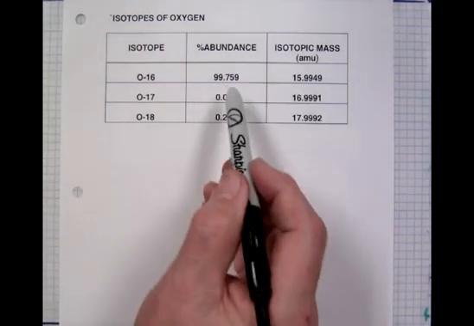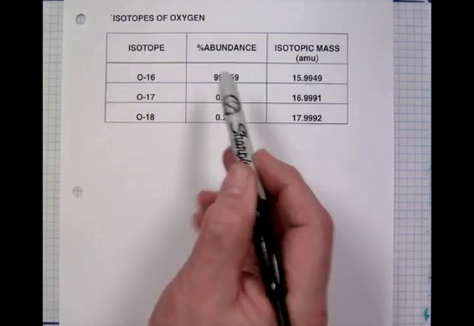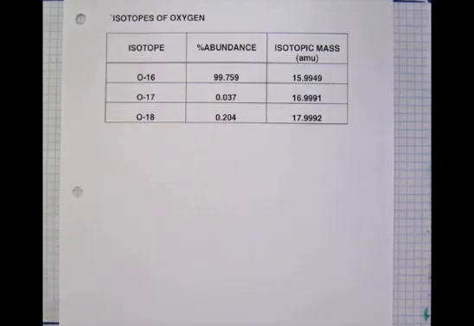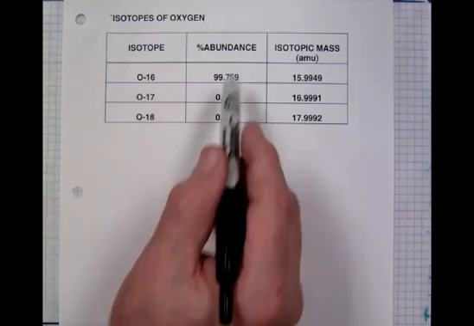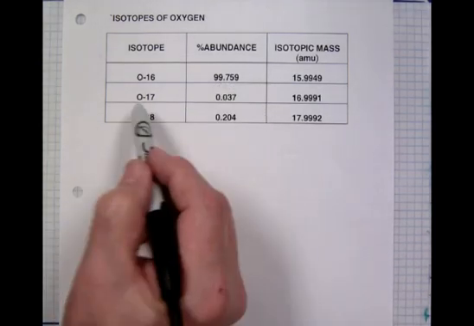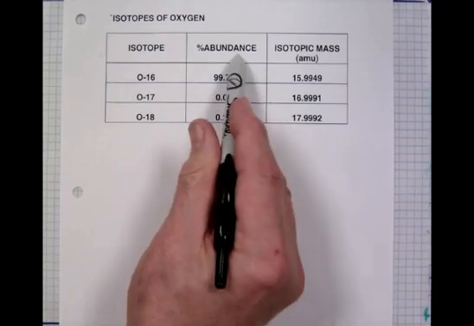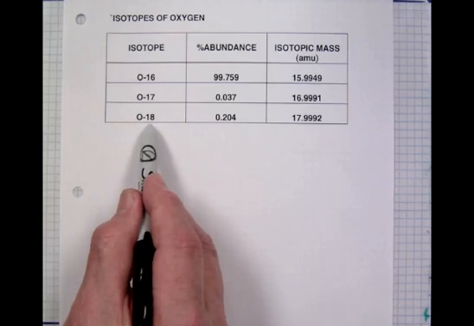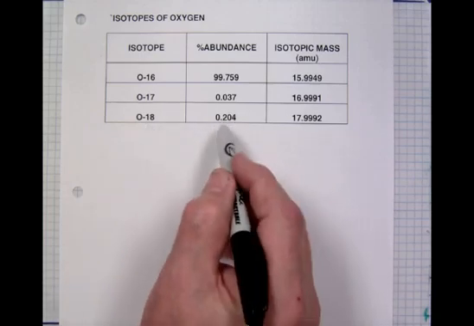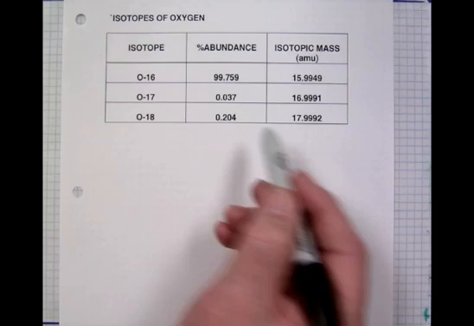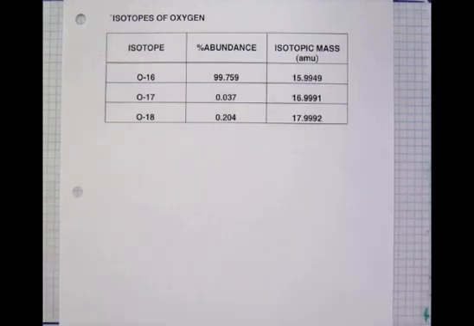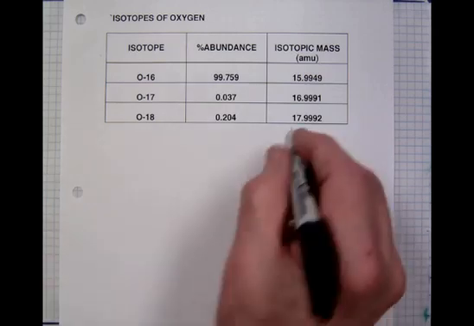Now, the 99.75 means that oxygen 16 is the most abundant form of oxygen in the universe. It represents almost all of it. But you have some that have an extra neutron, 0.037%, and then you have some that have 2 extra neutrons, 0.024%. These are what we call relative atomic masses, but they're determined using what we call a mass spectrometer.